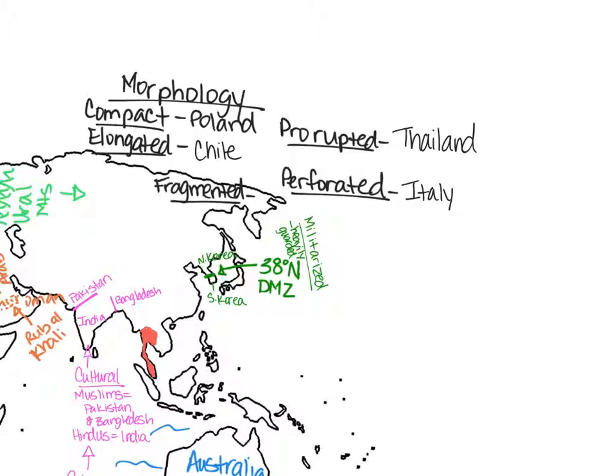Okay, and then last for our fragmented states, we're going to use the Philippines. And fragmented is exactly that. It's in pieces. That is the most difficult to govern, okay, because it's in pieces. It's really easy for different groups to kind of form and not really want to be with the government.